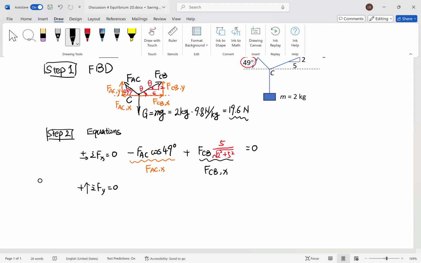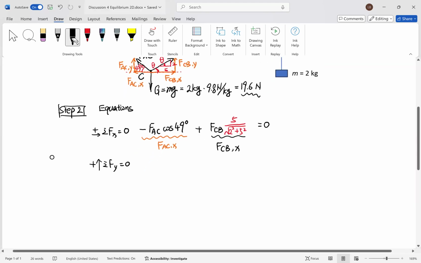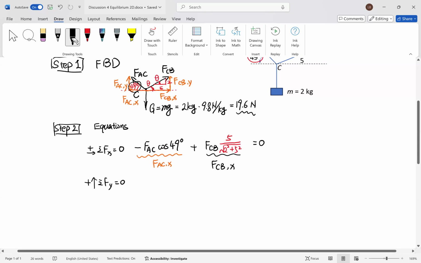So what do we have along the y direction? By looking at the free body diagram, we have FACY. FACY is in this fourth triangle here, and it is opposite to the 49 degrees.